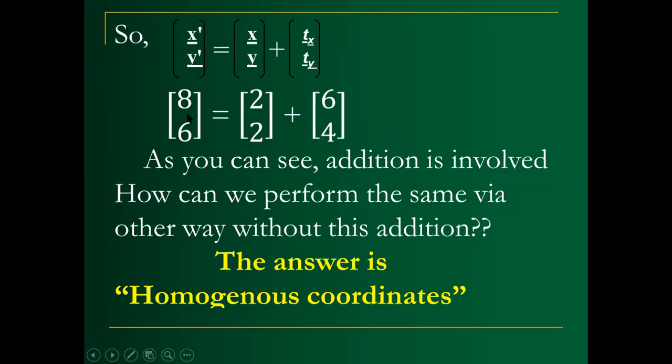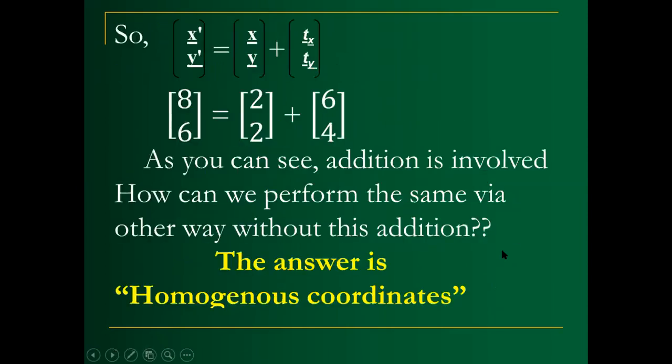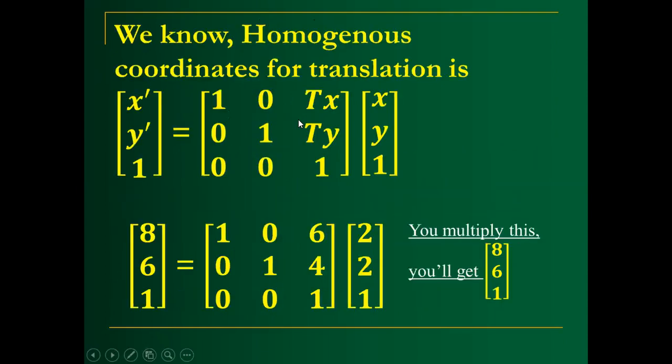The new point is the old point plus the translation. Now we have this addition, so let's see how exactly we can eliminate it via homogeneous coordinates. In the new formula we have only multiplication. Apply the new formula, you will get 8, 6. The 1 indicates that it is homogeneous.